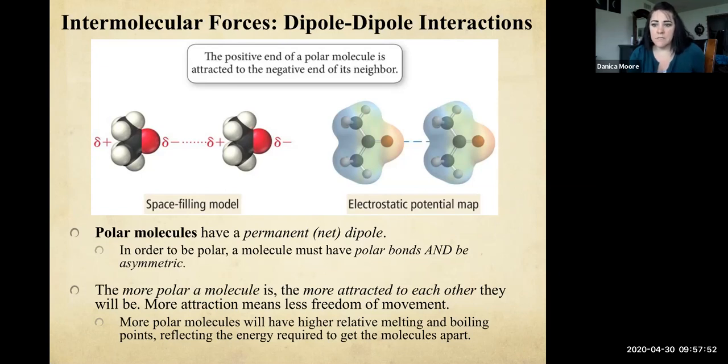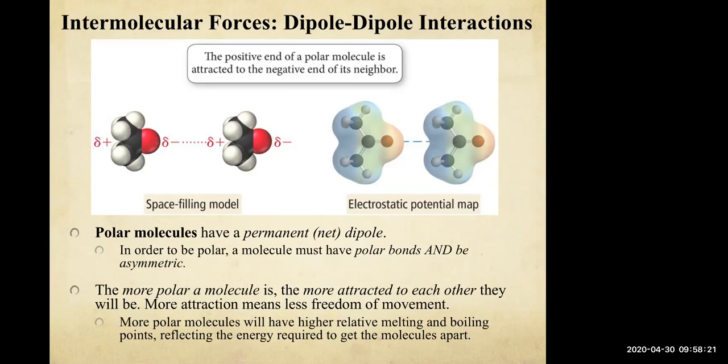And we can look at some examples of that specifically, right? But that's what we're thinking about when we're trying to understand these intermolecular forces, right? So the stronger they are, the harder it is to get the molecules apart, the higher the melting and boiling points, and the temperature of evaporation, right? Or the rate of evaporation, which is what we're going to talk about next. Does that make sense, guys?